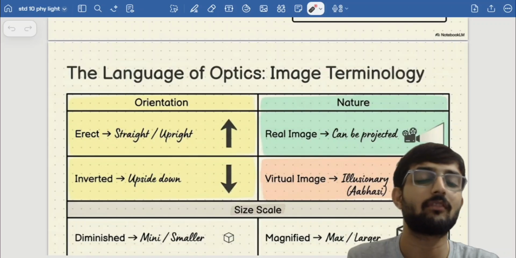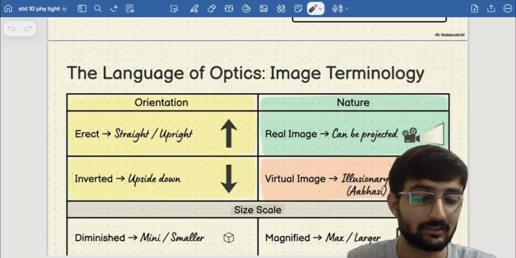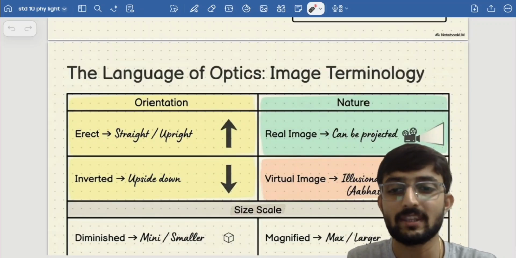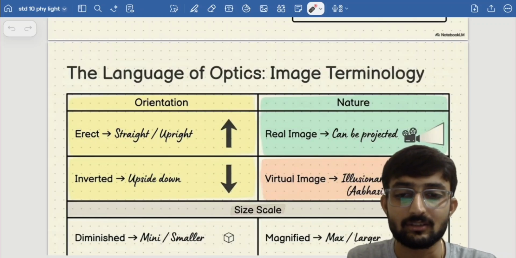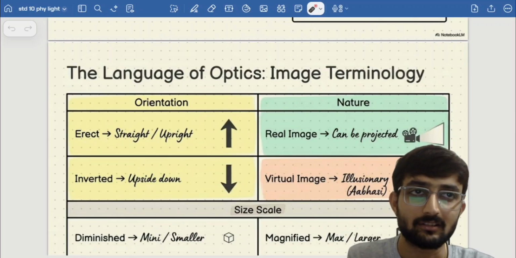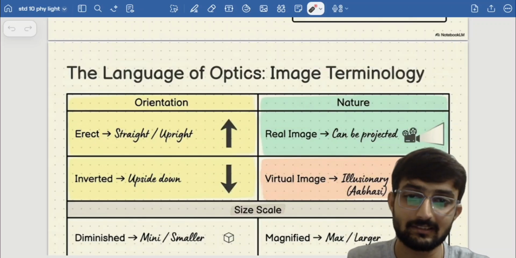A real image is formed when light rays actually intersect at that point, and it can be projected onto a screen, like a movie in the theater. So a real image is formed when light rays really intersect at the point. It's an actual thing.